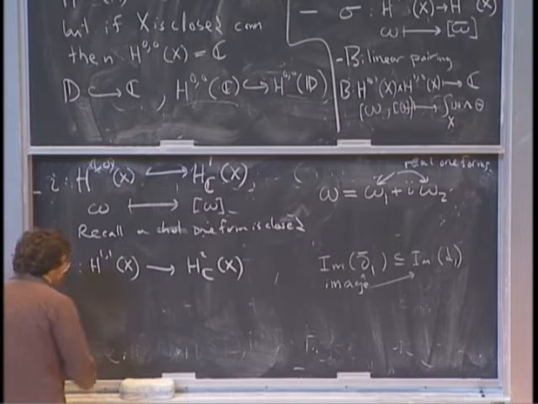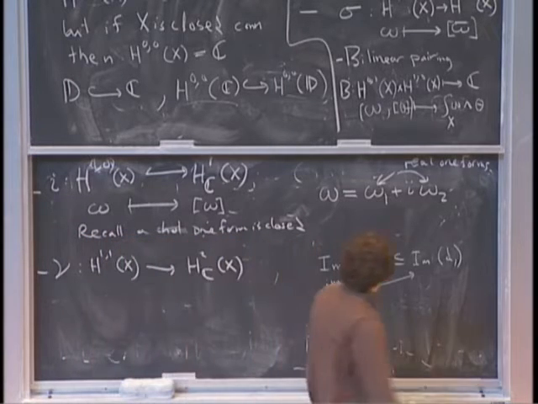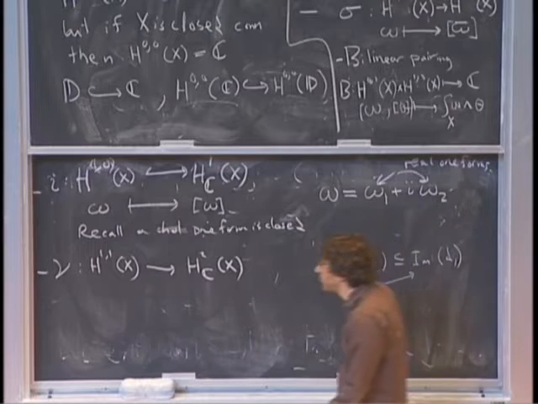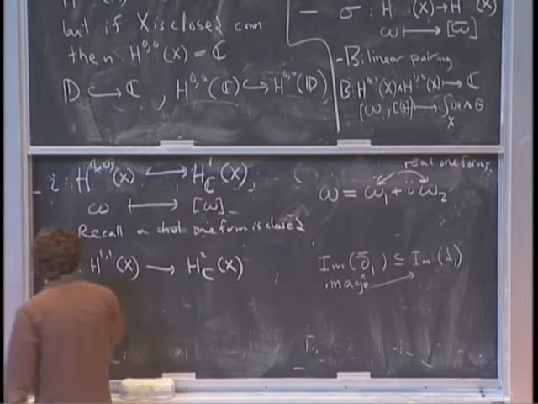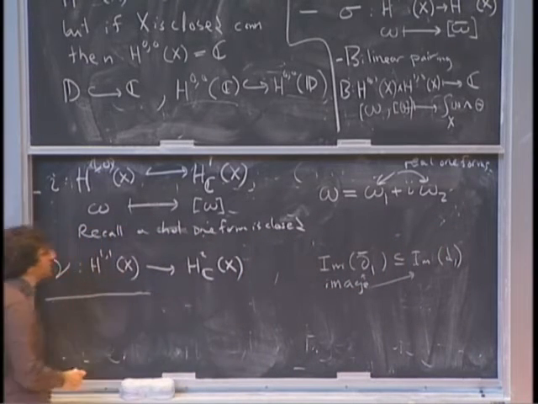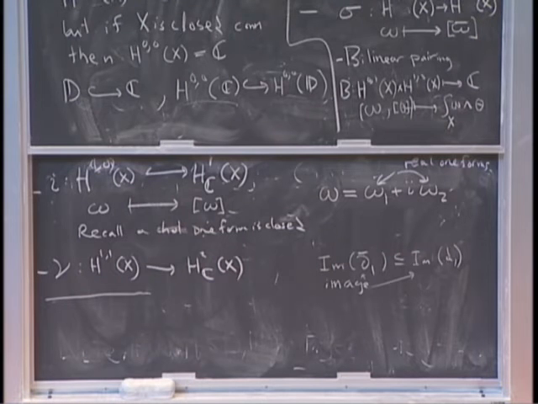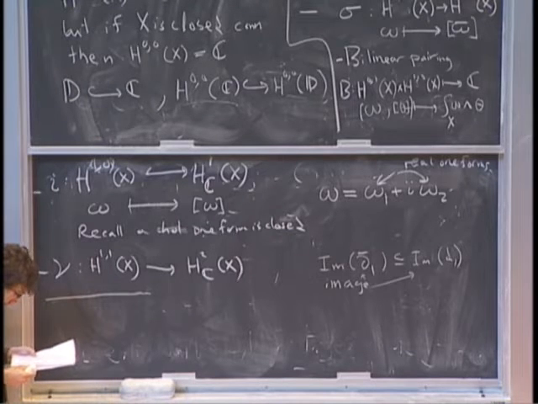But the point is, we have all these maps, but the upshot is that actually there is a lot more we can say about them in the closed case. Yeah, sorry.